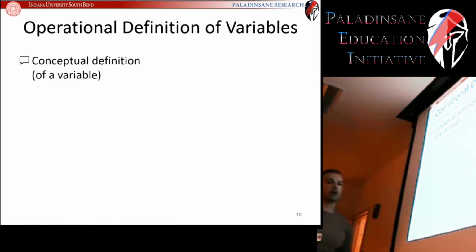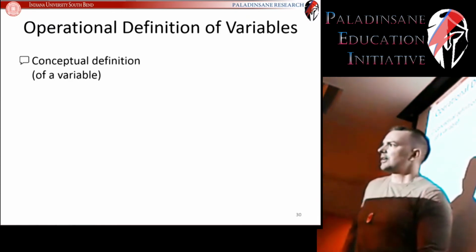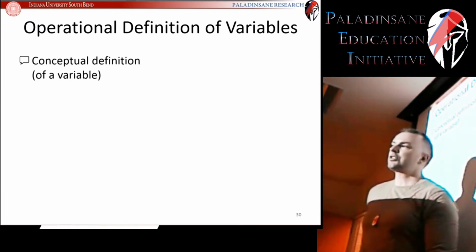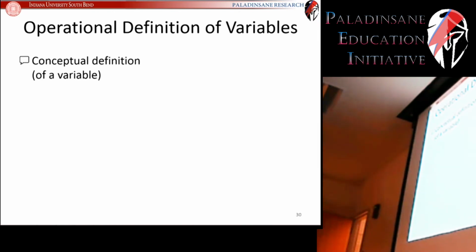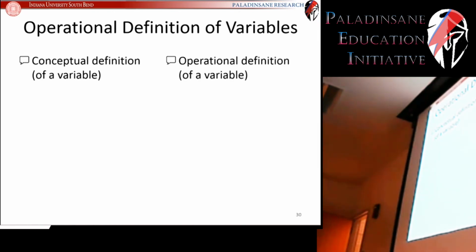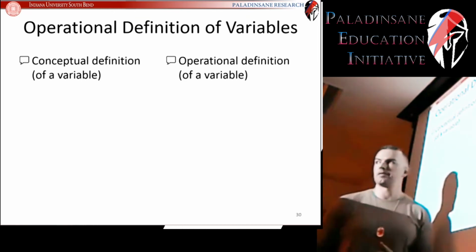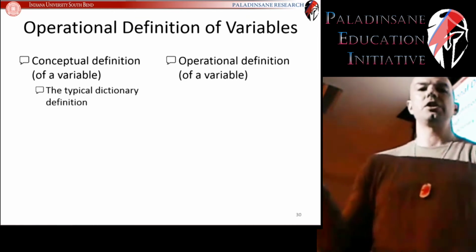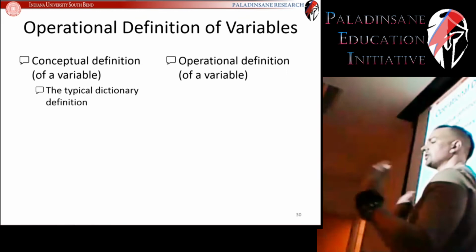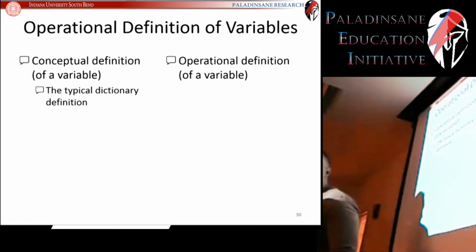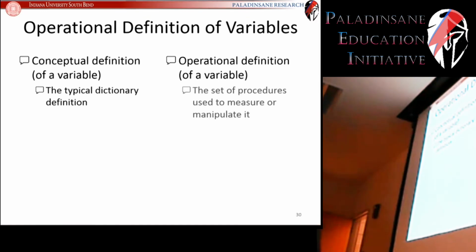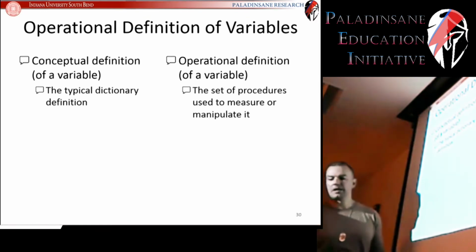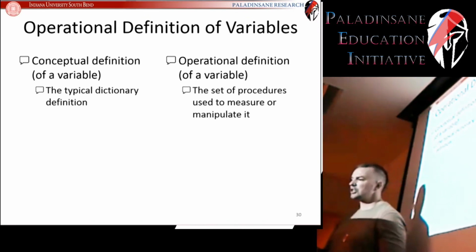The easiest way to emphasize the operational definition is to contrast it with the conceptual definition. The conceptual definition of a variable is very different from the operational definition. Your conceptual definition is what you get in your typical dictionary definition. Your operational definition is not your dictionary definition.